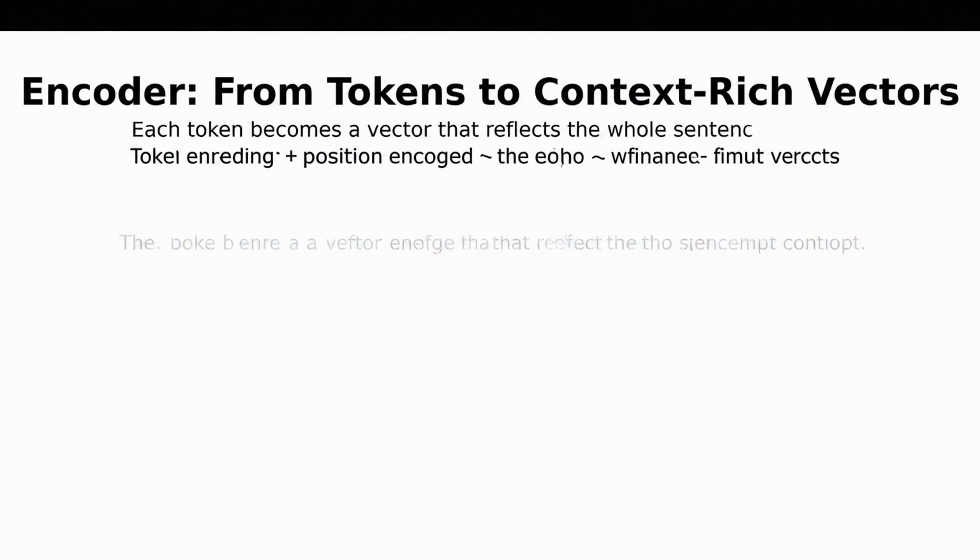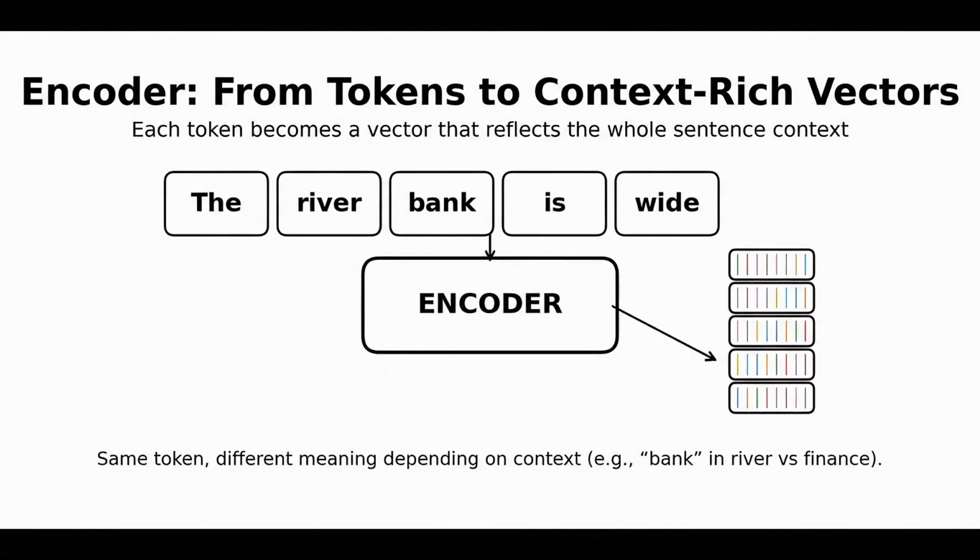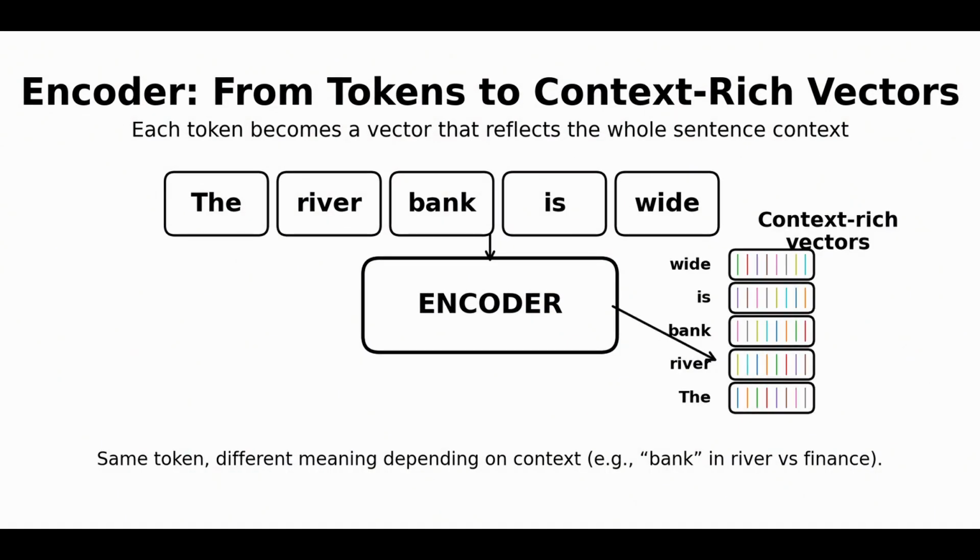Now we can talk about encoders and decoders in a way that feels intuitive. A good mental shortcut is to think of encoders as optimized readers and decoders as optimized writers. An encoder reads the entire input and produces a richer representation for every token in that input. Richer here means context-aware. The token bank doesn't get treated as a static symbol.